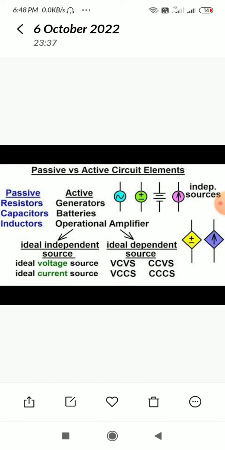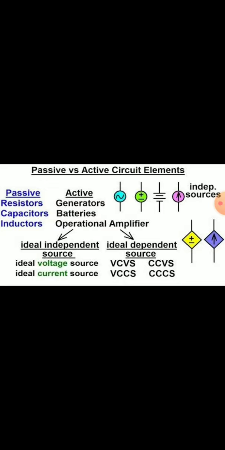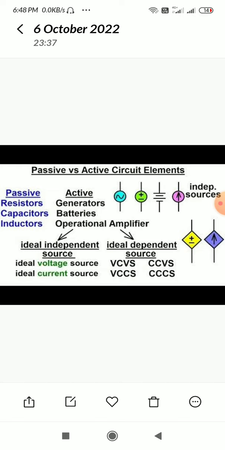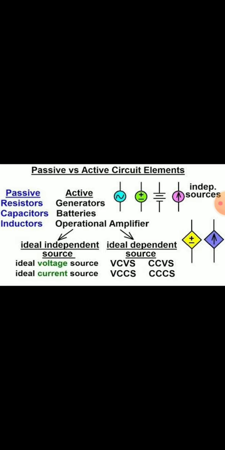The main working of capacitance is that it stores energy, and this stored energy is equal to half C V square. So in the electrical network, the main working principle of inductance and capacitance is that they store energy: in the inductor it is half L I square, in the capacitor it is half C V square. So these are the fundamentals of the electrical network or electrical circuit. Thank you.